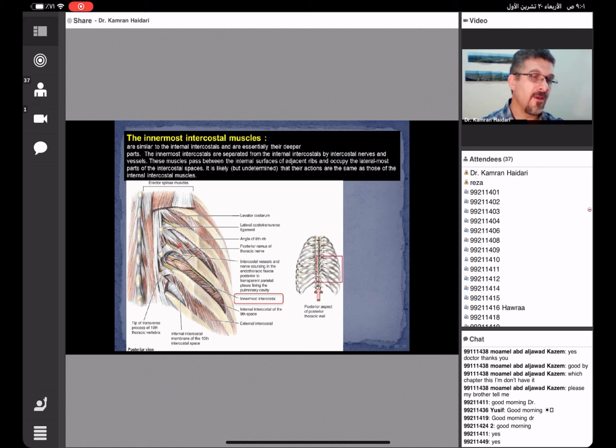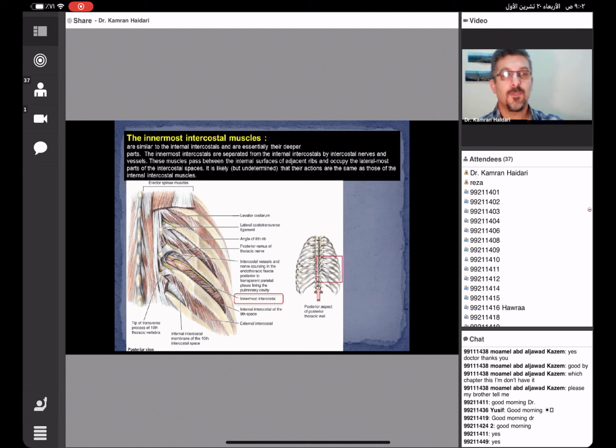For example, if it's the transverse process of T8, this one, the muscle attaches to rib 9, and rib 10 sometimes, because levator costarum has two forms, levator costarum brevis, levator costarum longus.